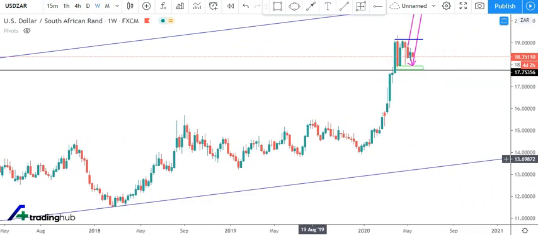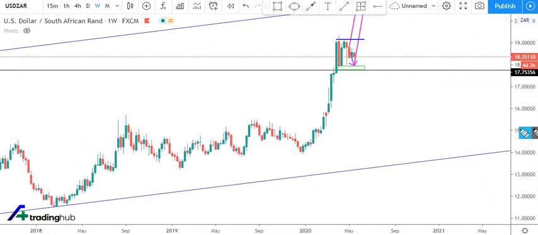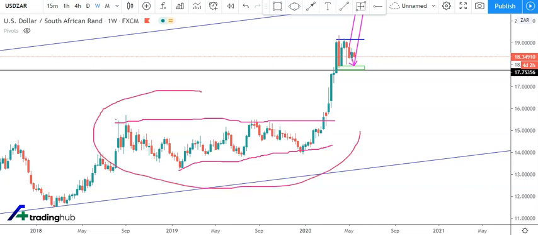The weekly time frame is also still clear that price is going up. Here was a correction, a bigger correction, then price pushed up and is hovering above here before another correction.